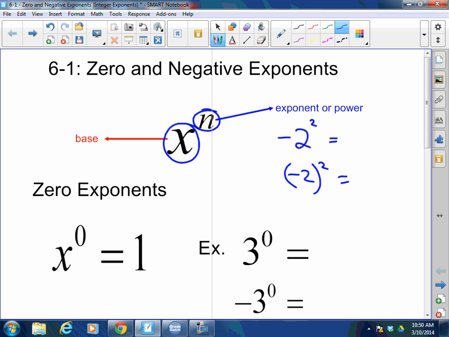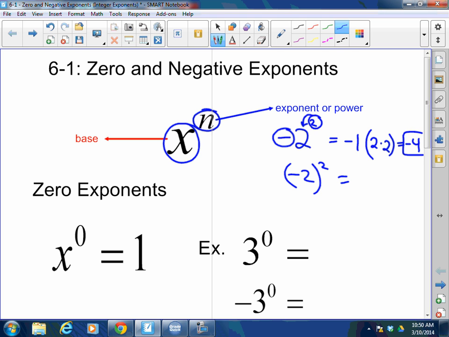Remember, friends, that the exponent only affects what's immediately to the left of the exponent. So in this particular case, this is a negative 1, that's what the negative represents, times 2 times 2, so this will equal negative 4.